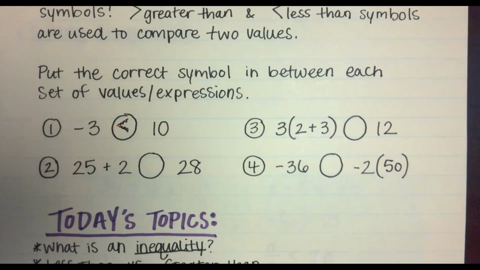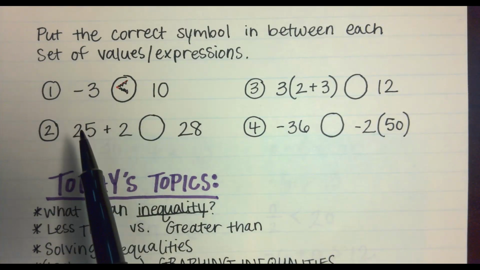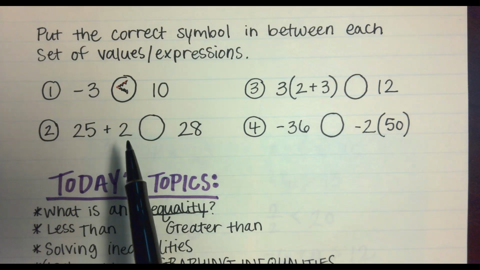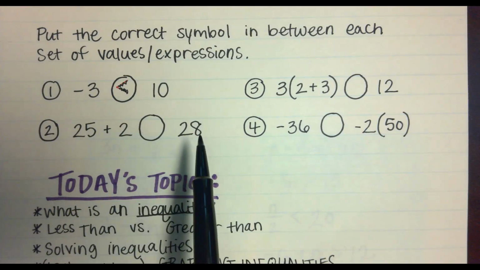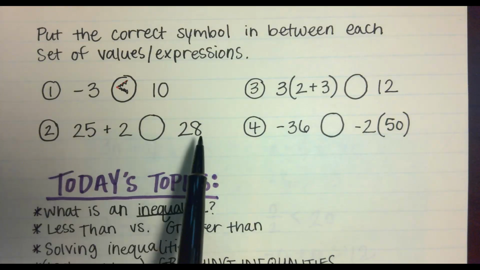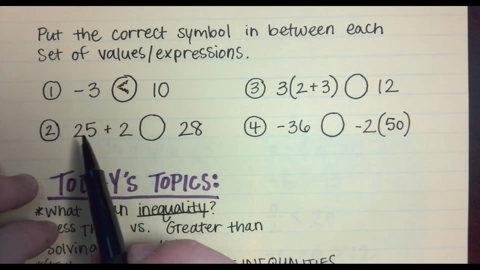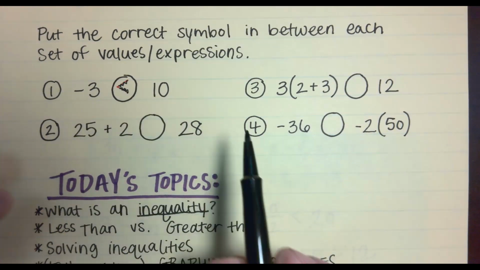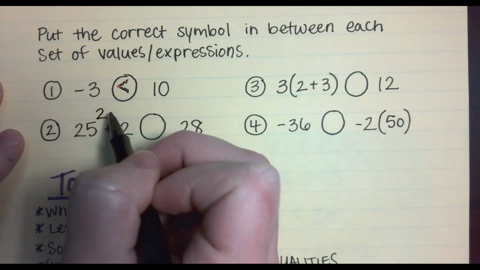Let's look at number 2. We're getting slightly more complicated here. Now I have 25 plus 2 is what than 28. Before we can put our symbol in, we want to get these sides to have the same kind of format, so I probably want to simplify this side. What is 25 plus 2? 27. Good.